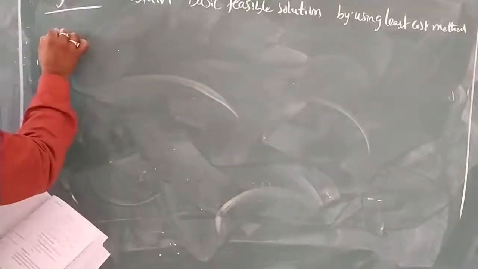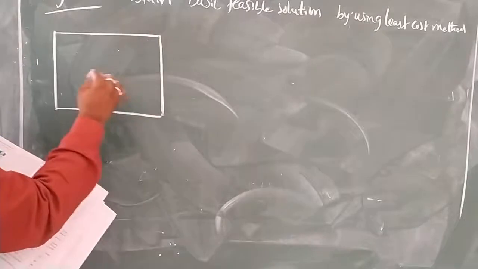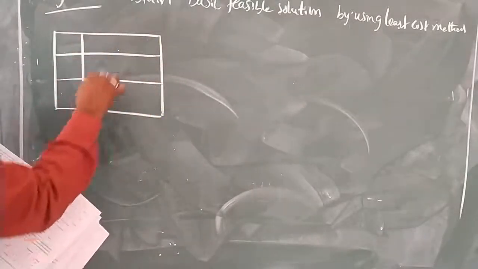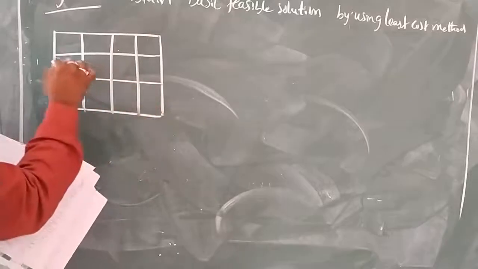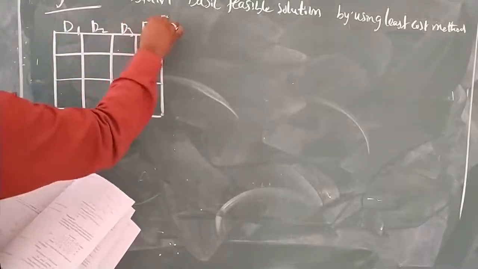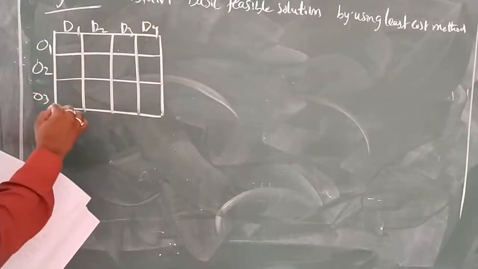So let me draw the table in one corner. So here it is D1, D2, D3 and D4, O1, O2 and O3.